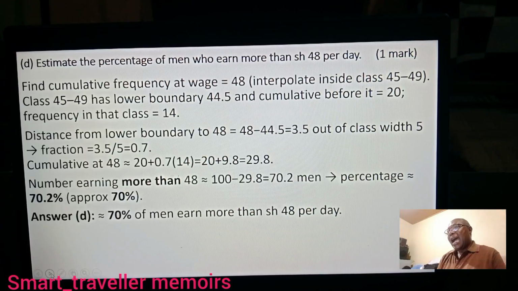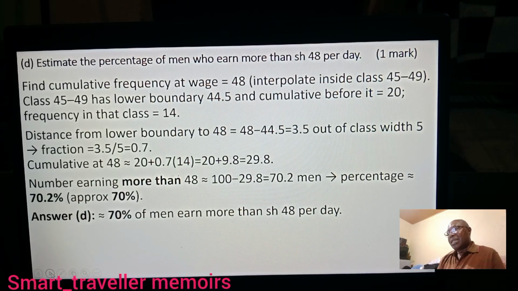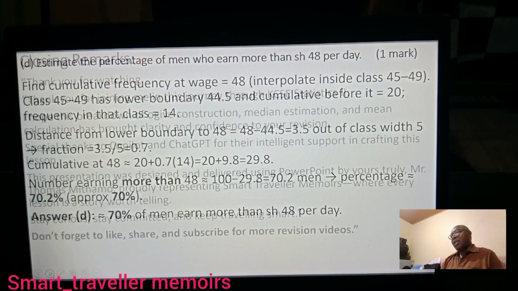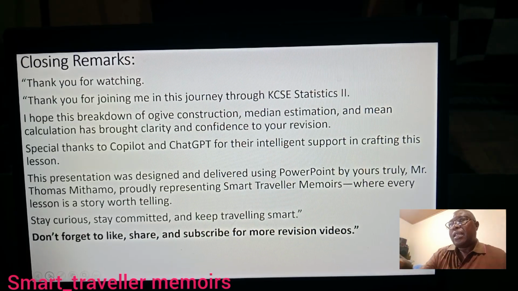The number earning more than 48 is approximately 100 minus 29.8, which is 70.2 men. And the percentage is approximately 70.2%, which you approximate to 70%. So the answer is roughly 70% of men earn more than 48 shillings per day.